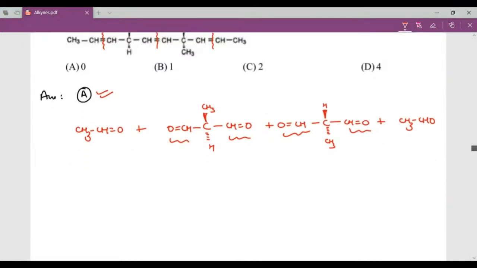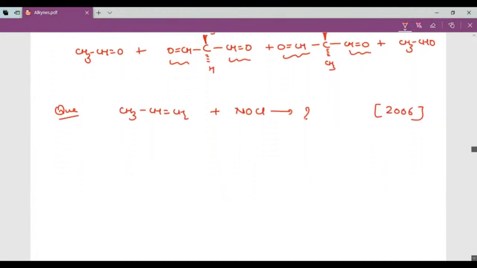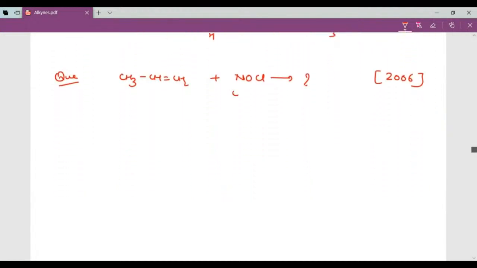One more question I would like to deal with is from 2006: CH3CH double bond CH2 plus NOCl. This was a 2006 JEE question and the product was P. Identify the product. For all electrophilic additions, you just need to understand how this will split. This is nitrosyl chloride.